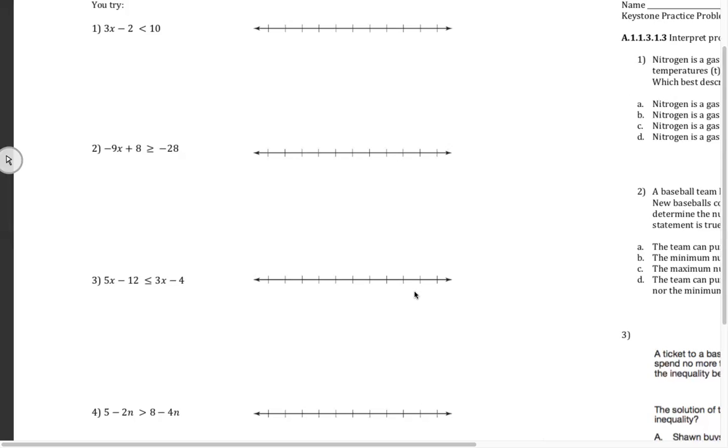Yep. Well, I'll check it in a minute. But do you want me to check it right now? Yeah, I just want to see if anything's wrong. All right. Number 1 looks pretty good.